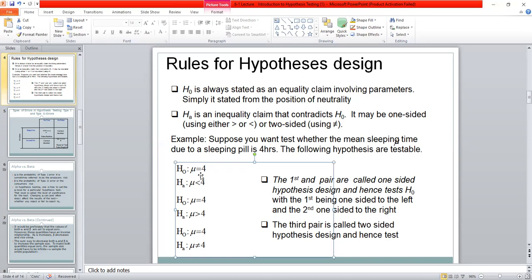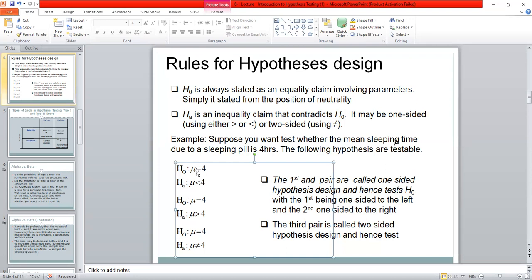But the sample data you have collected to test this claim is leading you to reject it when it is true. The consequence of that rejection is to the manufacturer, because you're telling the manufacturer that their claim is faulty, and hence the likelihood of removing the pills from the shelf is very high.